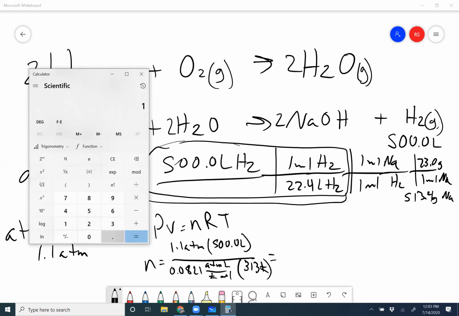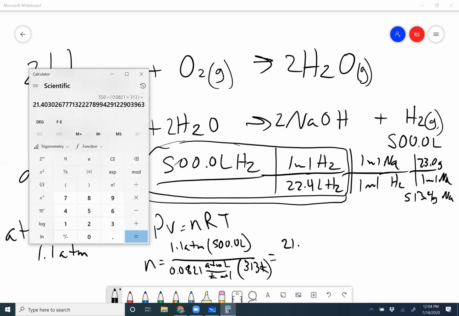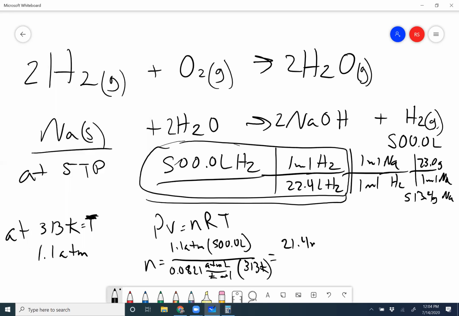But now in this example, we have 1.1 times 500 divided by 0.0821 times 313. So that gives us 21.4 moles of the hydrogen.